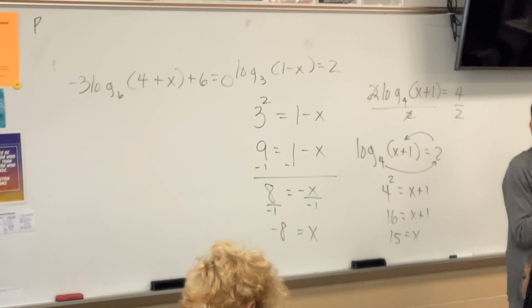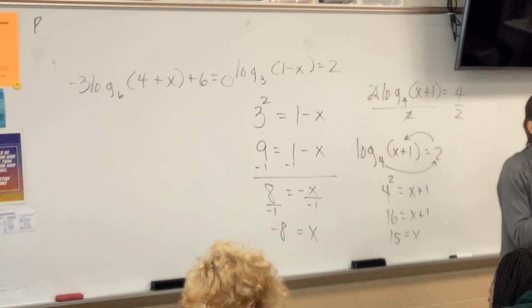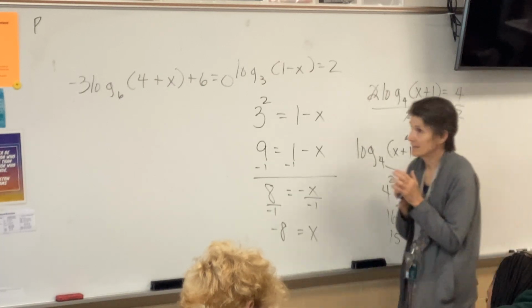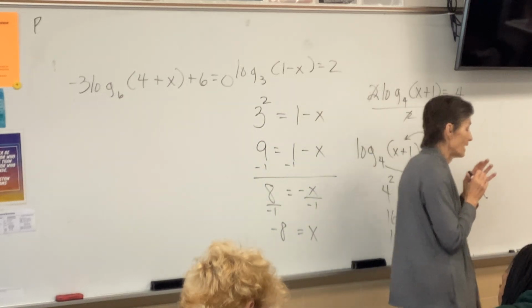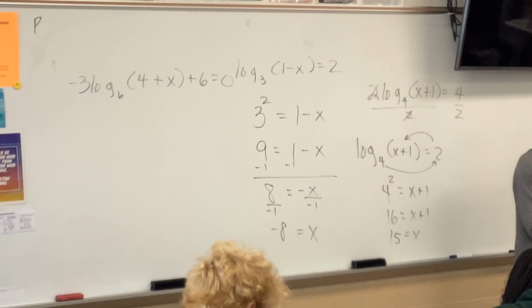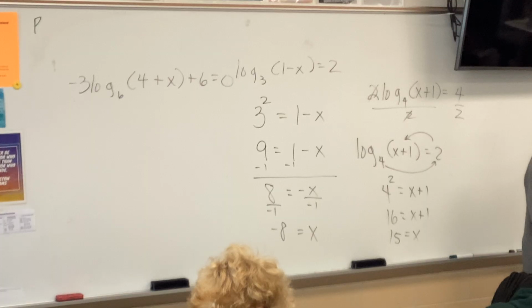Move your 6. That would be subtracted. Then divide by that negative 3 that's hanging around out in front. We do not want that ever. And then we do it and we solve it.